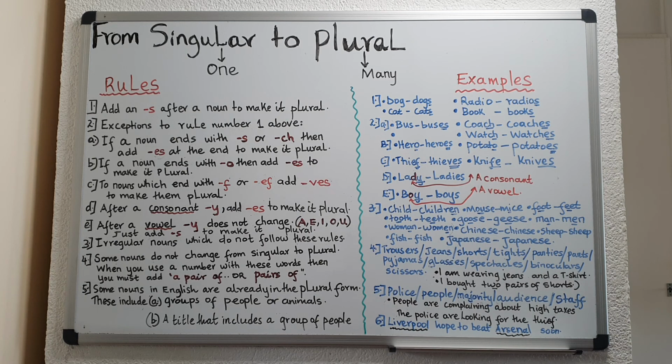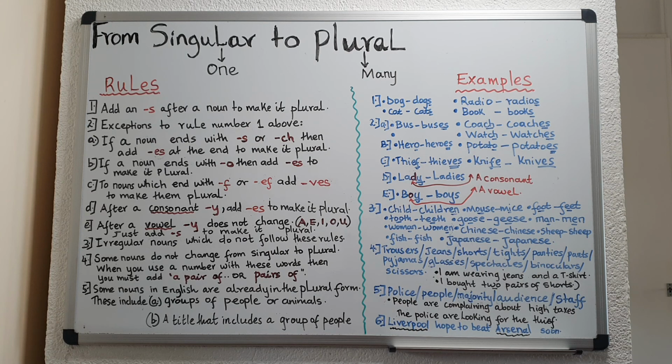Now, finally, some nouns in English are already in the plural form, that is, groups of people or animals. Okay, we have already seen that. And then B, a title that includes a group of people. Sometimes you have a title in English or a noun in English that is already plural because it includes a lot of people.